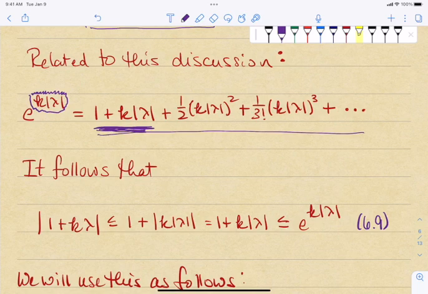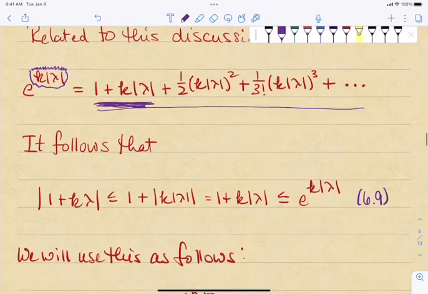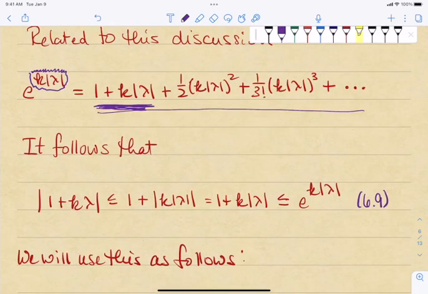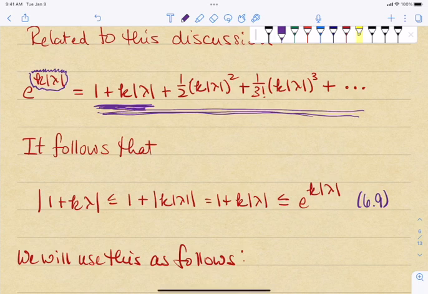It's 6.9 in your textbook, and it just comes from looking at the exponential e to the k times absolute value of lambda in this following form that you see right here. And what we'll see on the next slide or the next page is that we're really looking at this 1 plus k lambda.